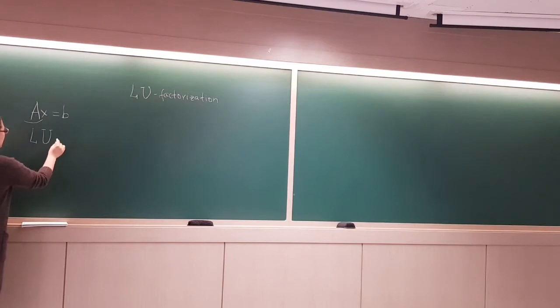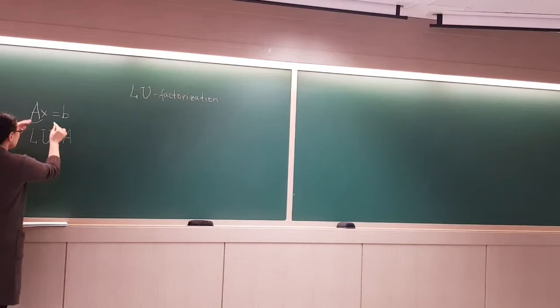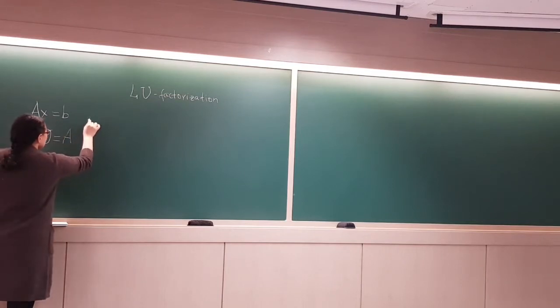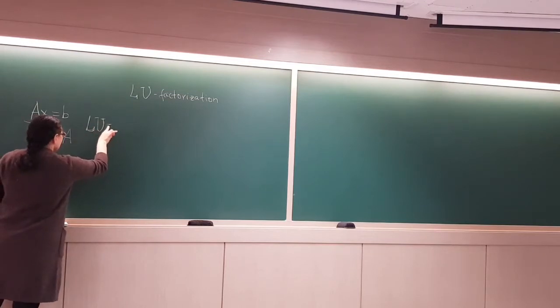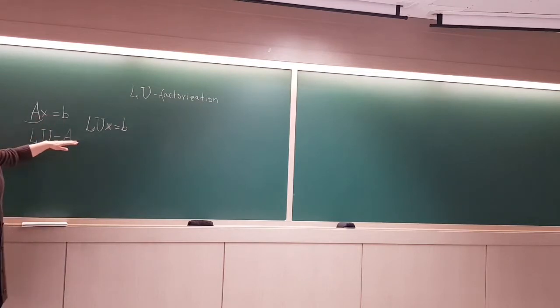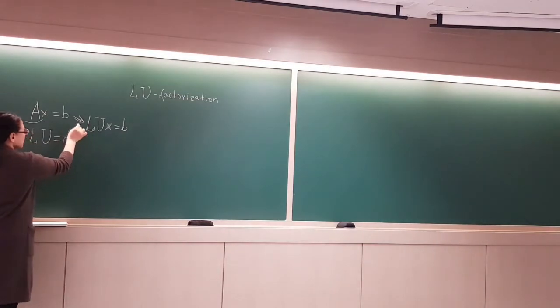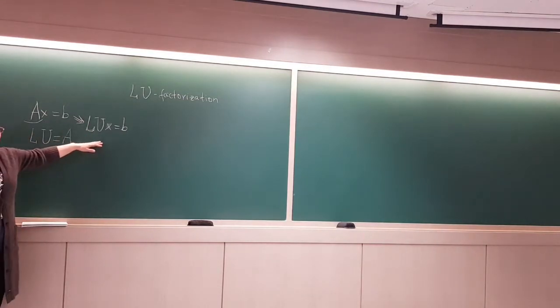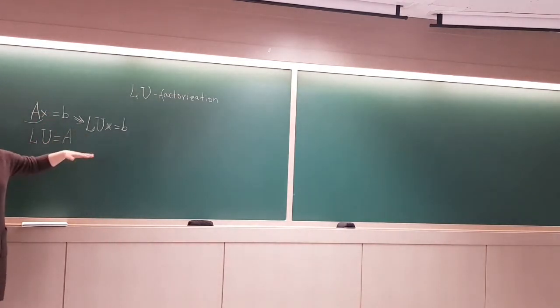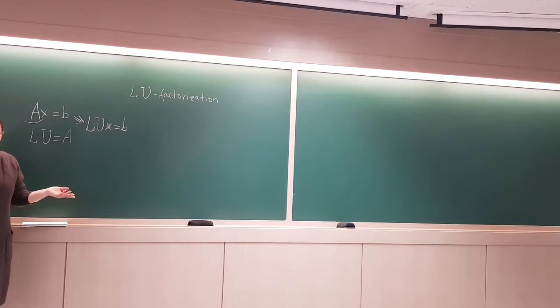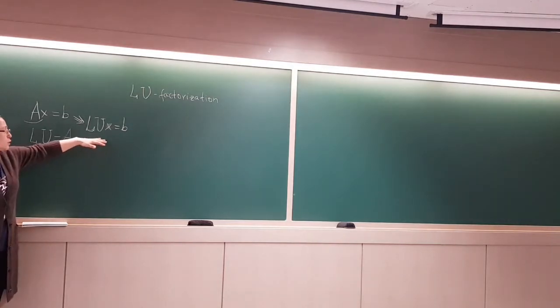For this equation, it will be LU. The matrix changes to this. We have one matrix, and we change it into two matrices. What is L? What is U?